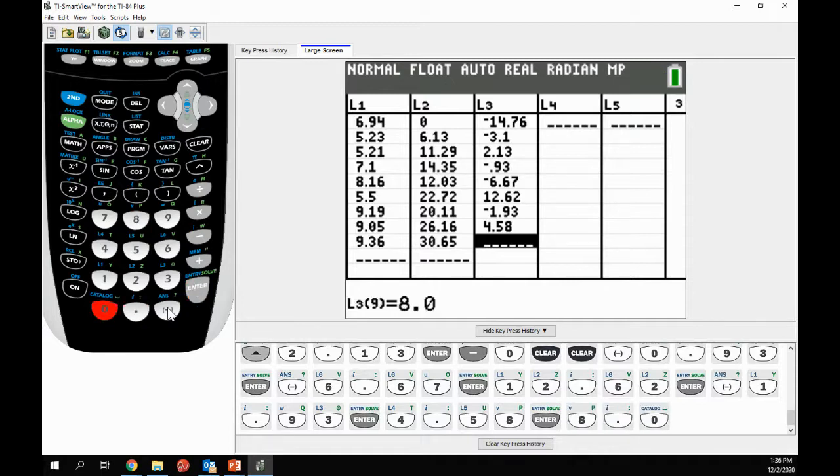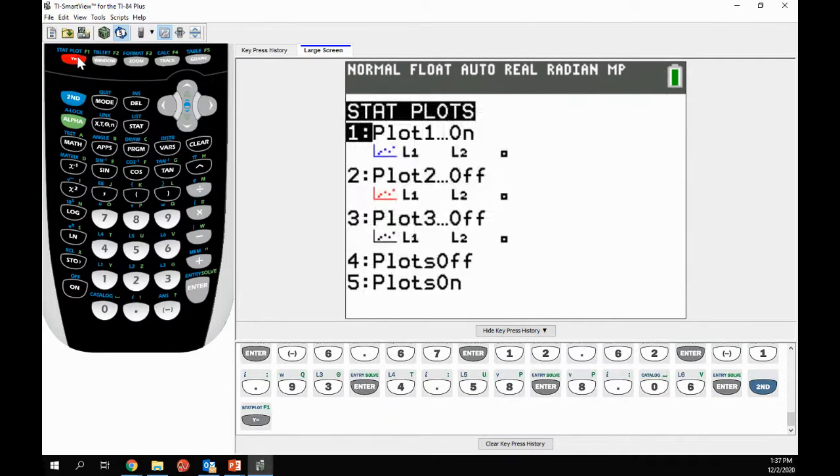Okay, now when we do our scatter plot, let's go to second and y equals, which is our stat plot. If you forgot where that button's at, look for my mouse up here on the screen. So this top one, second, and then this button.